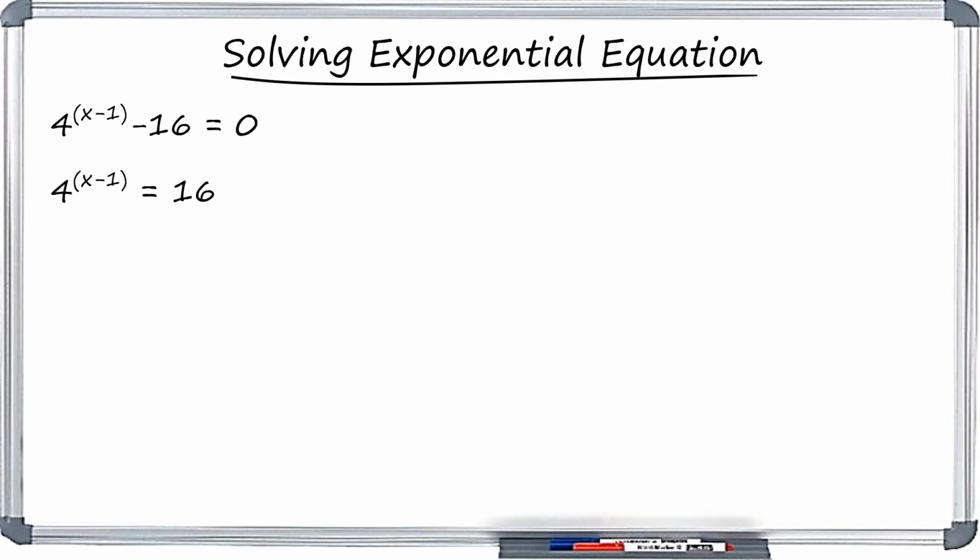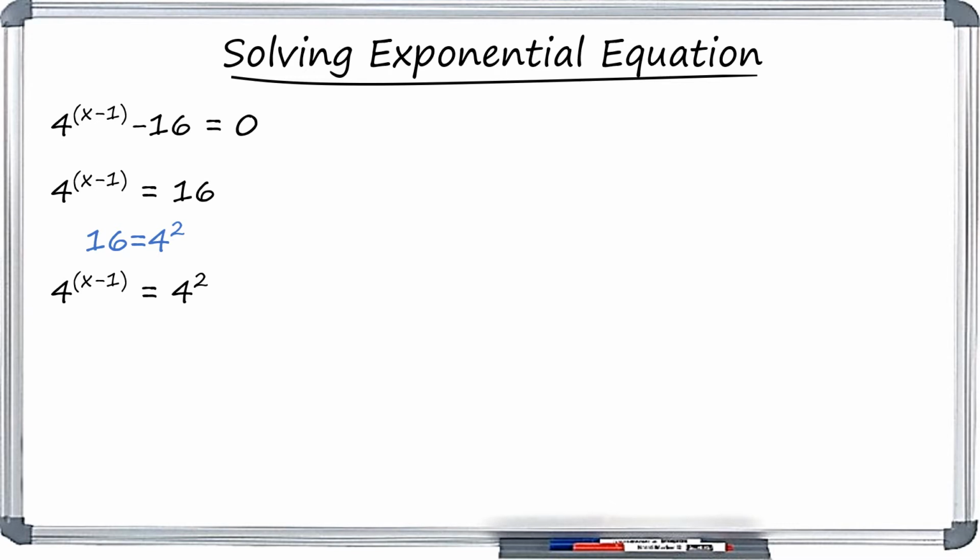We know that 16 is equal to 4 squared, so we are going to utilize that in our equation. We substitute 4 squared for 16, and our equation becomes 4 raised to x minus 1 is equal to 4 squared.